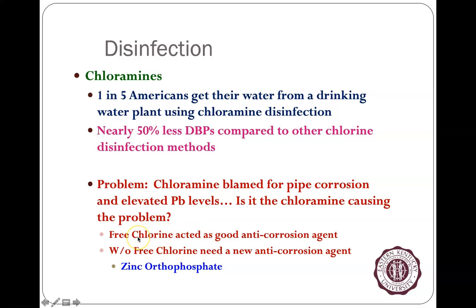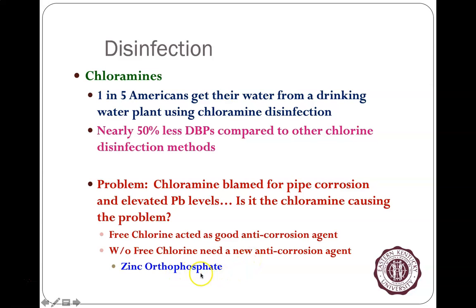Now, is it the chloramine that's causing the lead? Free chlorine, versus using chloramines, getting to where you have a lot of free chlorine, acted as a good anti-corrosion agent. And when you don't have free chlorine, apparently chloramines made the water more corrosive. And that meant we need some sort of anti-corrosion agent.